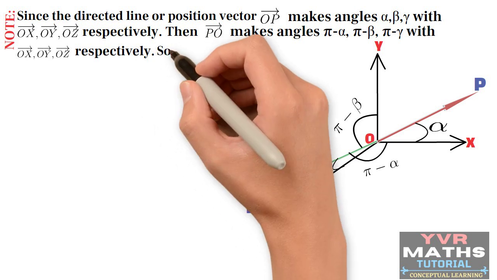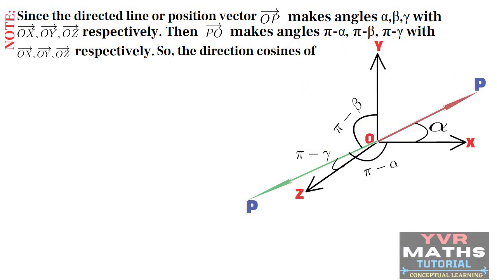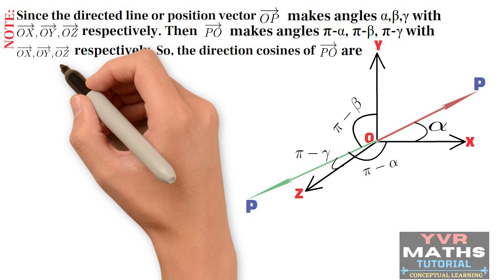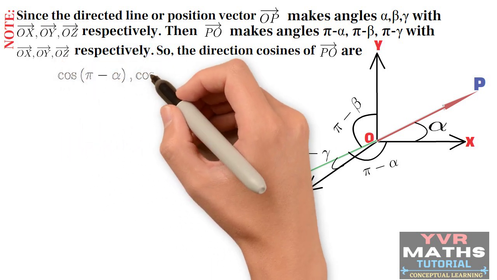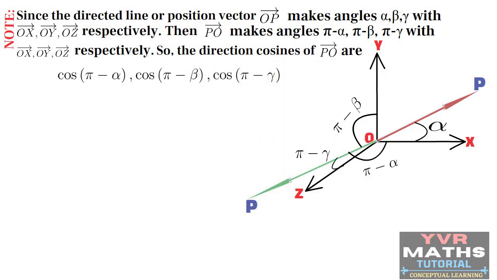So, the direction cosines of PO bar are cos of pi minus alpha, cos of pi minus beta, cos of pi minus gamma.